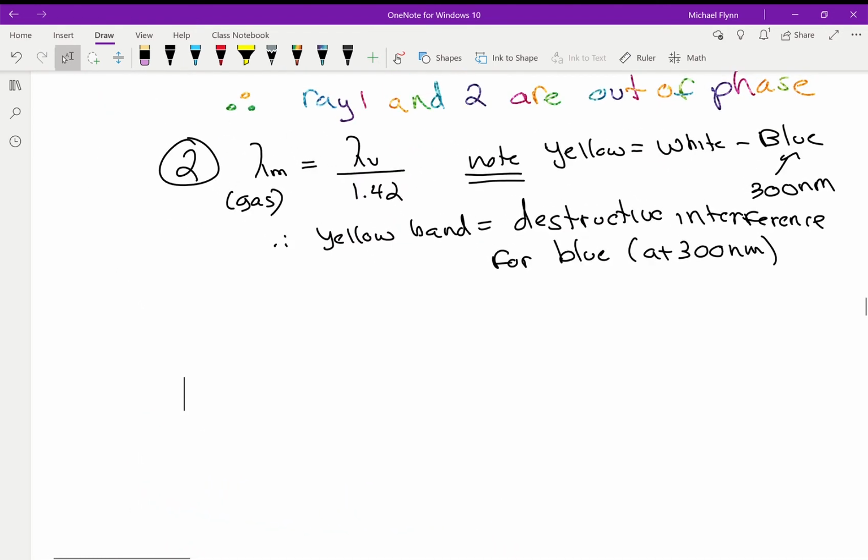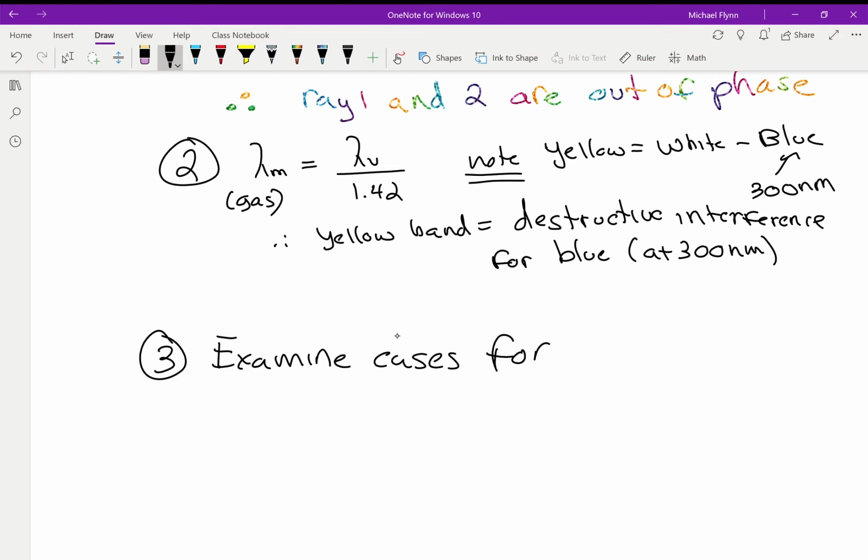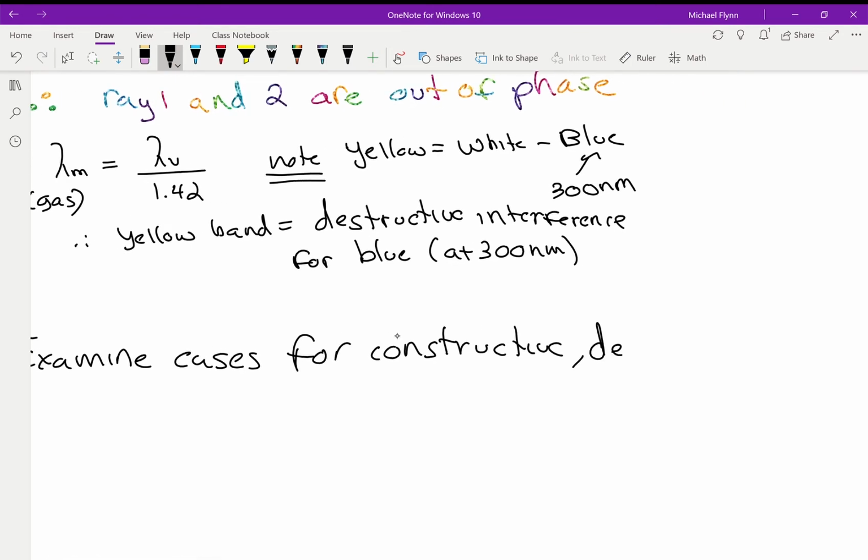All right, let's come back here. Finally, our last step, step 3. Step 3 is to finally answer the question, but we're going to examine cases for constructive and destructive interference.